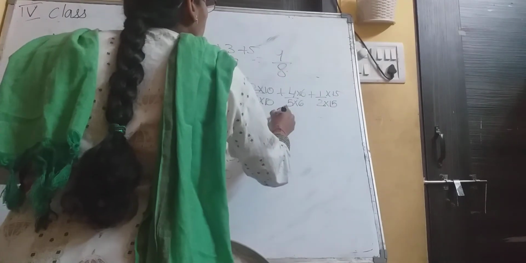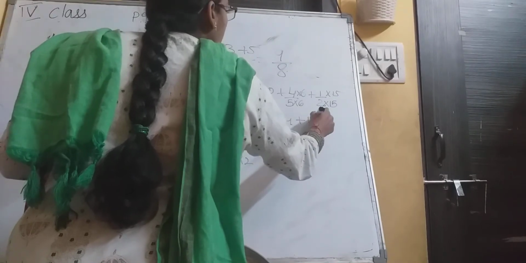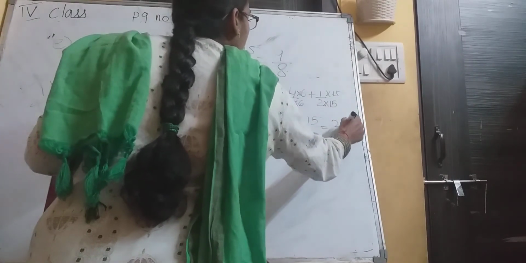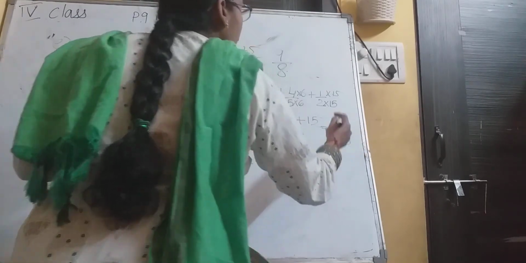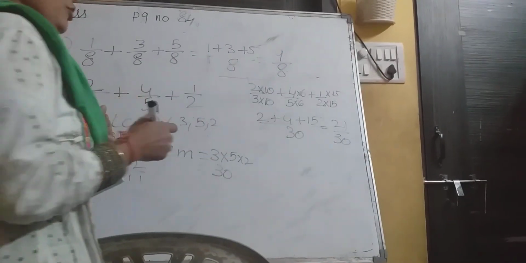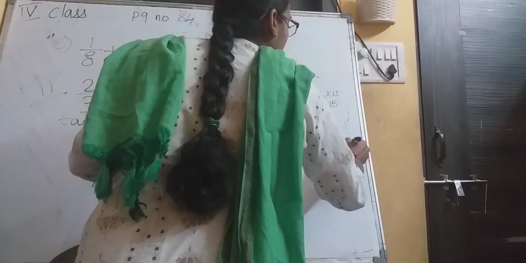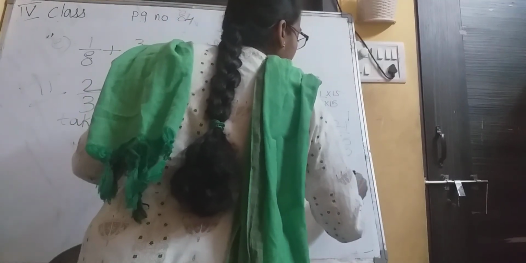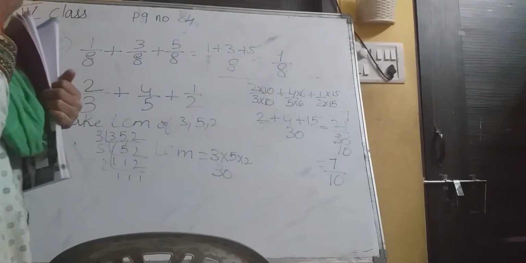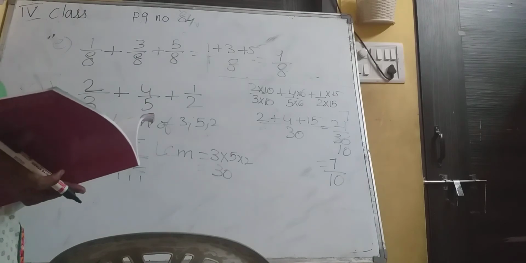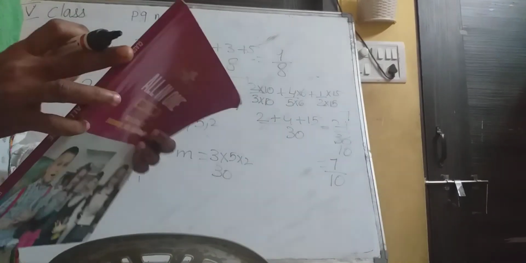Now 2 plus 4 plus 15 by 30, that is 21 by 30. 21 and 30 both come in the 3 table, so you can cancel them. 3 sevens are 21, 3 tens are 30. That is 7 by 10 is the answer. Okay? The same way you do all the other sums, children. That's all for today. Thank you.